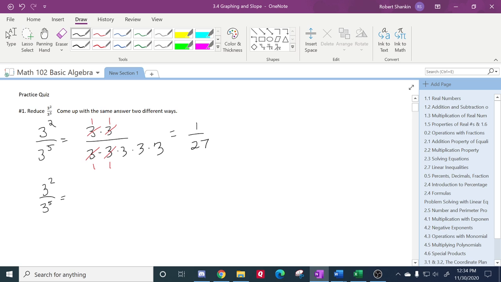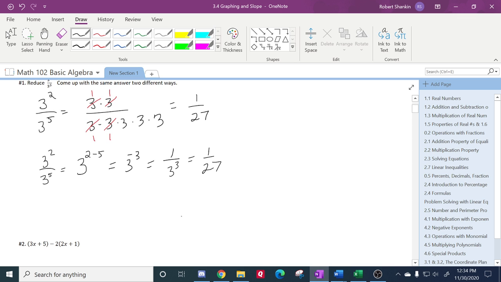You could say this is 2 minus 5, because when you're dividing, you subtract the exponents. And a negative exponent means this. We still are going to get the same thing.